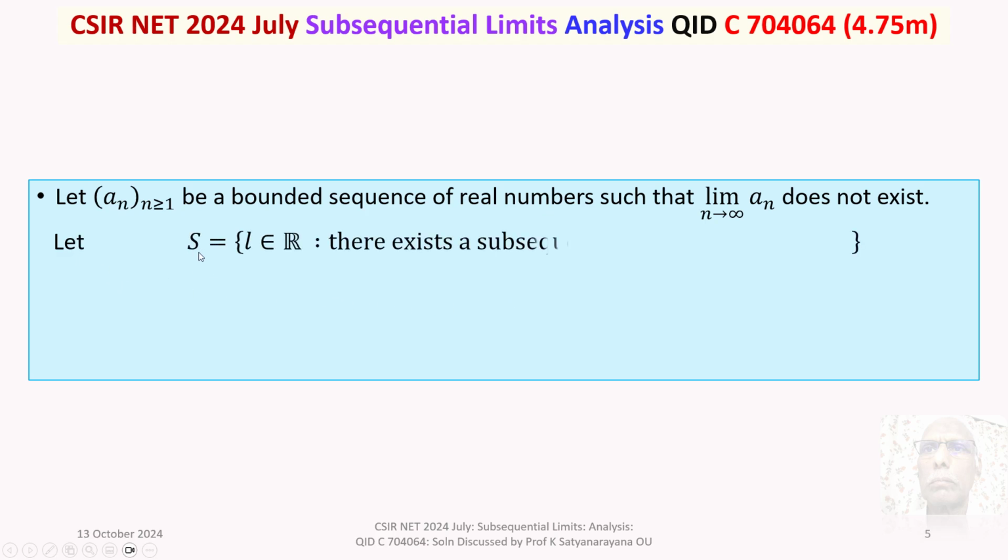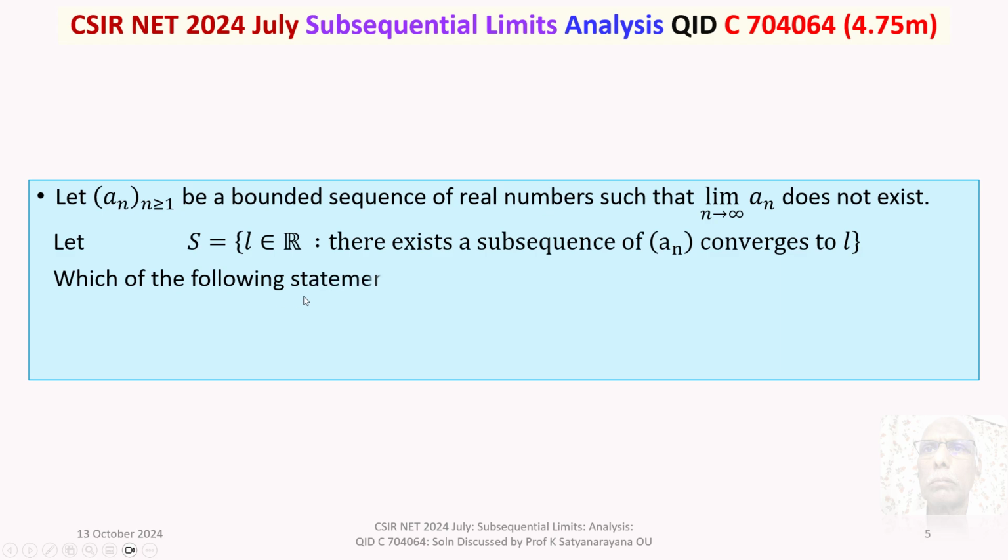Let S be the set consisting of L belongs to the set of real numbers such that there exists a subsequence of the sequence a_n that converges to L. That means S is the set of all subsequential limits of the sequence. Which of the following statements are necessarily true?